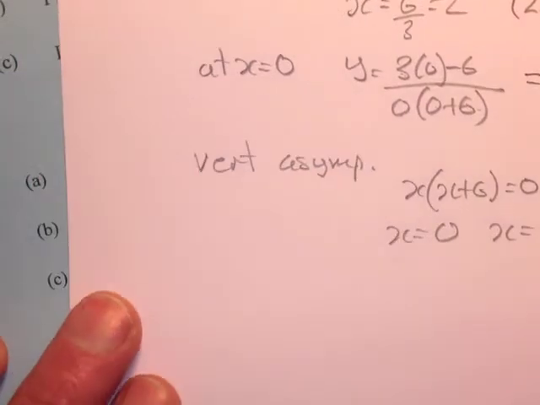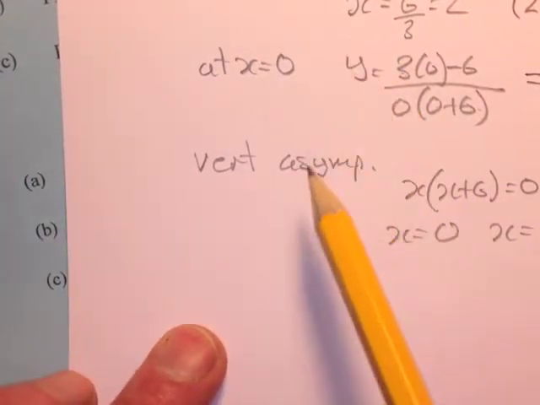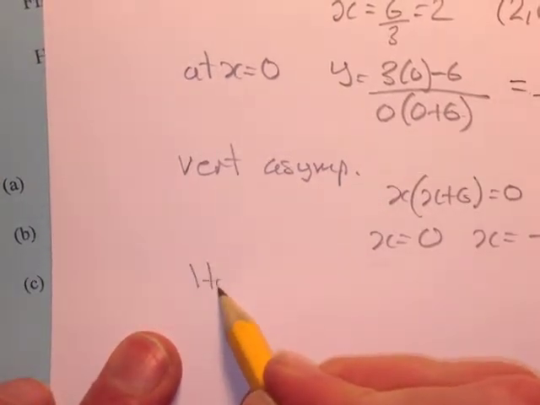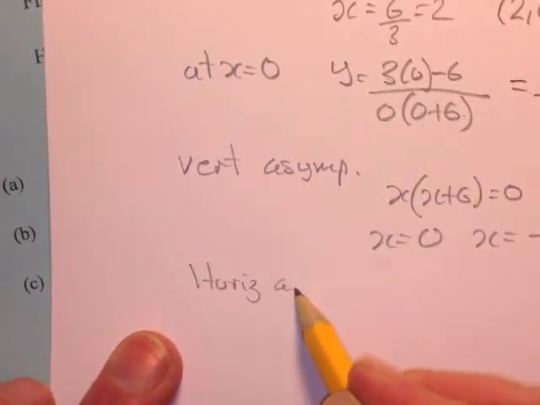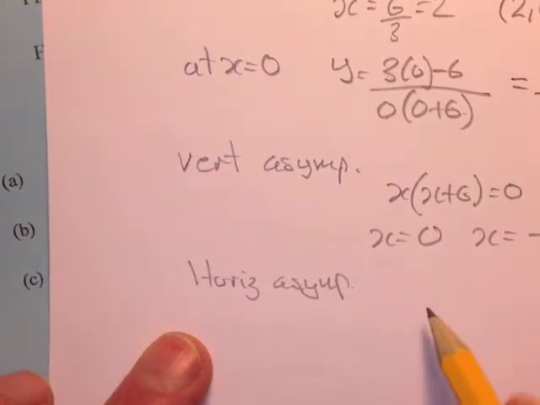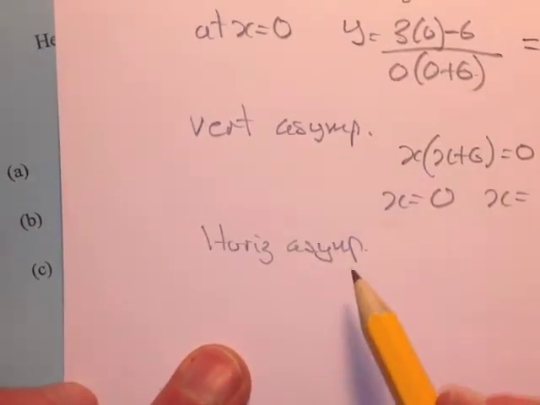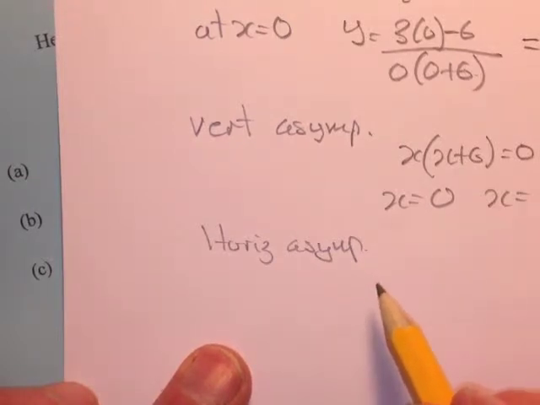Okay. Next thing we're going to look for, so we found the intercepts, we found the vertical asymptotes, we'll find a horizontal asymptote. To find a horizontal asymptote, we're looking at what happens as x tends to plus or minus infinity.